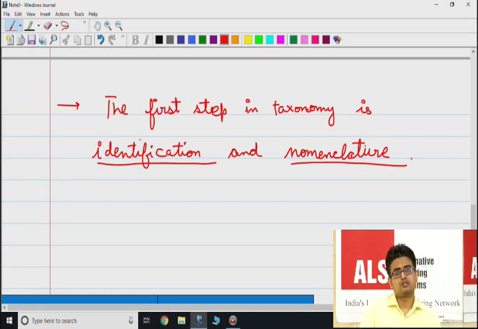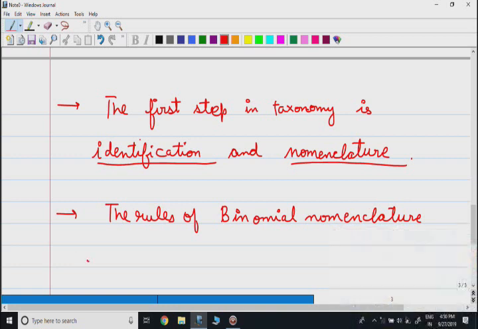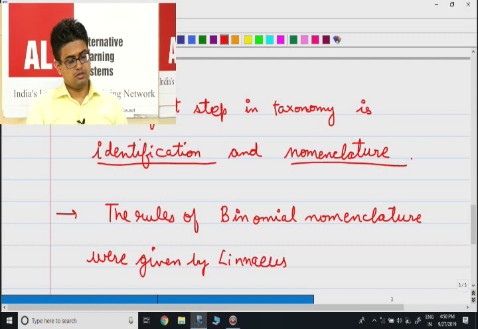And the rules of nomenclature called binomial nomenclature were also given by Linnaeus. The rules of binomial nomenclature, which is a type of nomenclature, were given by Linnaeus.